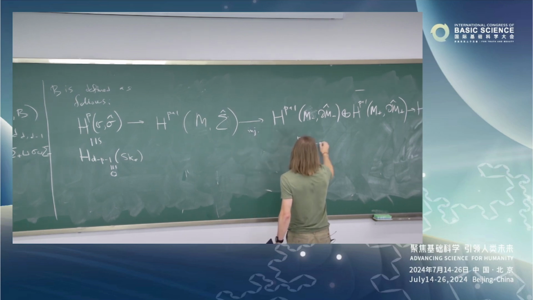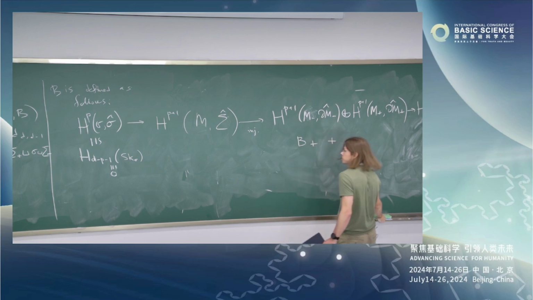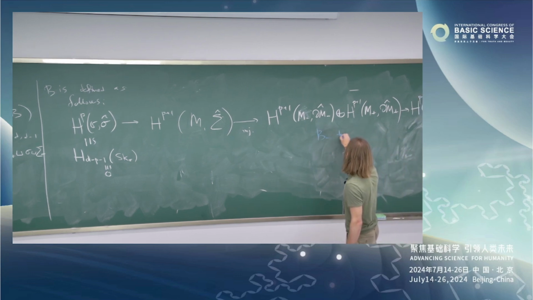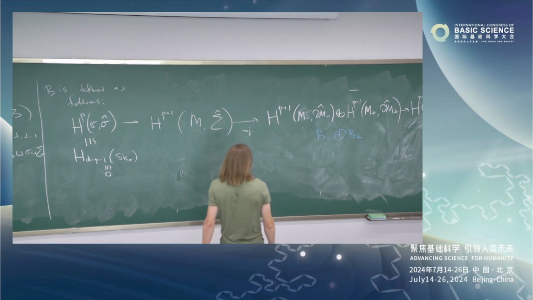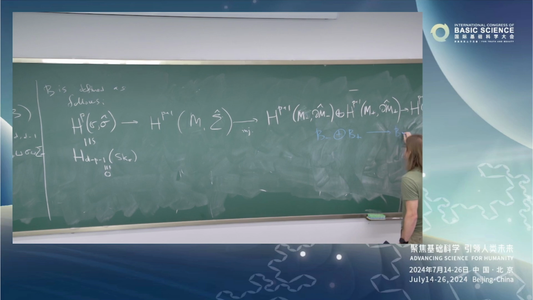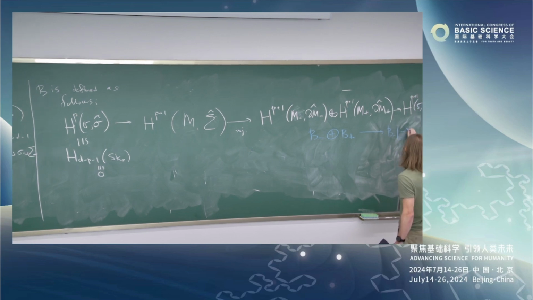Here I can consider the direct sum of b minus and b plus, and it is taken to the restriction of b minus to sigma minus the restriction of b plus to sigma.